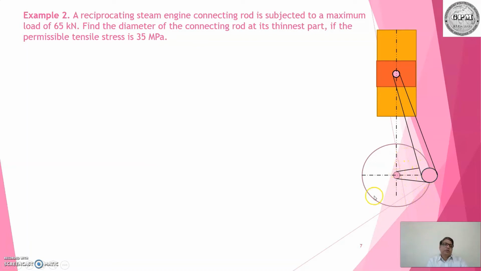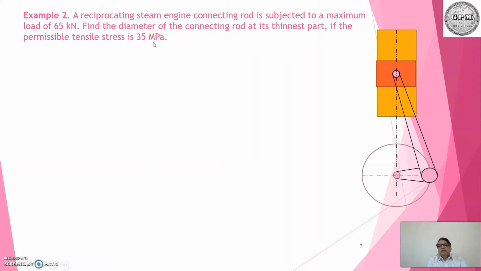Because the crank is rotating, you have to keep this end larger. So it is called the bigger end for the crank. So, the diameter of the connecting rod at the thinnest part, if the permissible tensile stress is 35 megapascal.